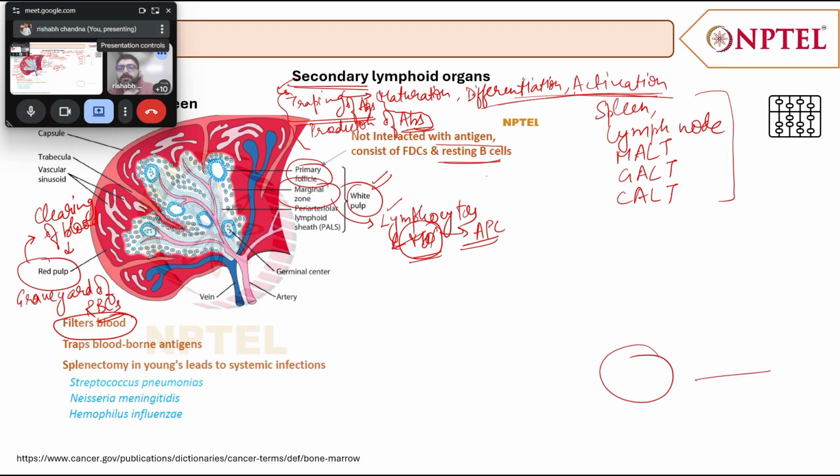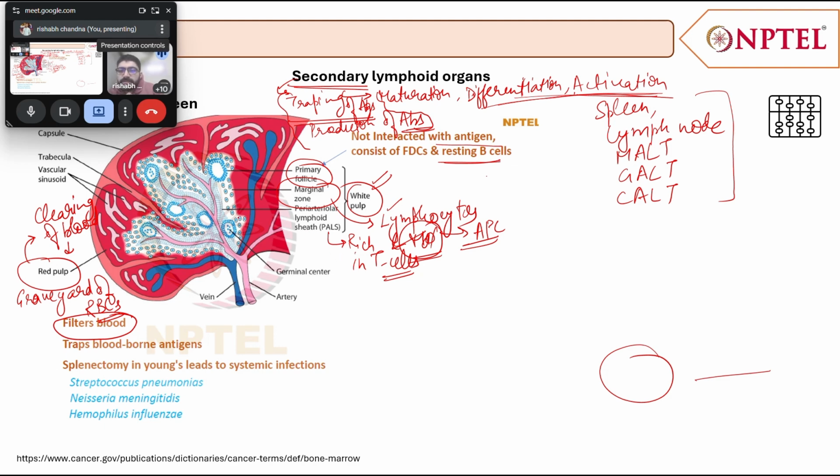Then we have the periarteriolar lymphoid sheath that is called PALS. So this PALS is rich in T cells or the T lymphocytes, and helps in their activation and differentiation.